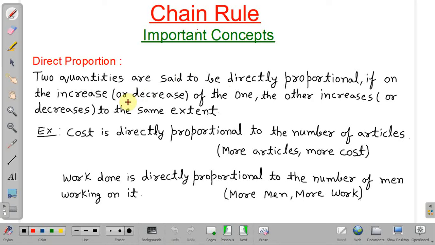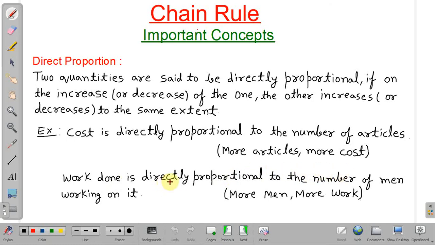When you are purchasing one article, you have to pay the price of one article. When you are purchasing five articles, you have to pay five articles' price. So we can say cost is directly proportional to the number of articles, or more the articles, more will be the cost.